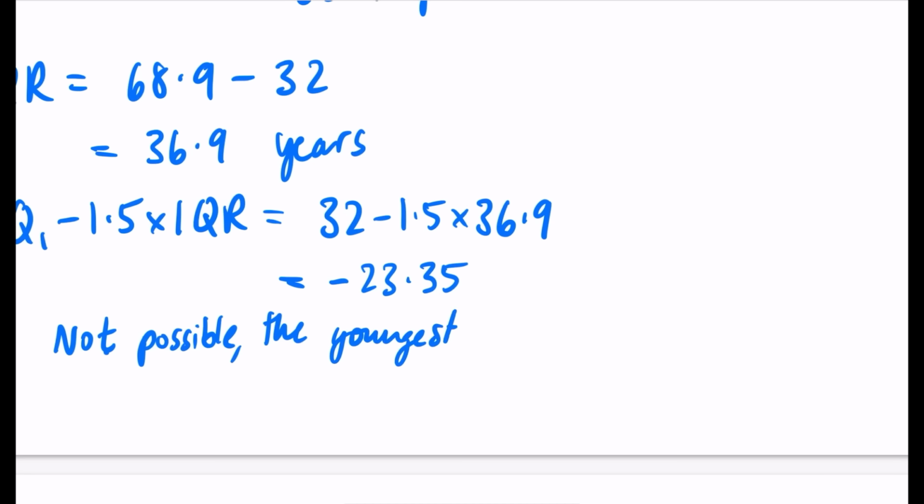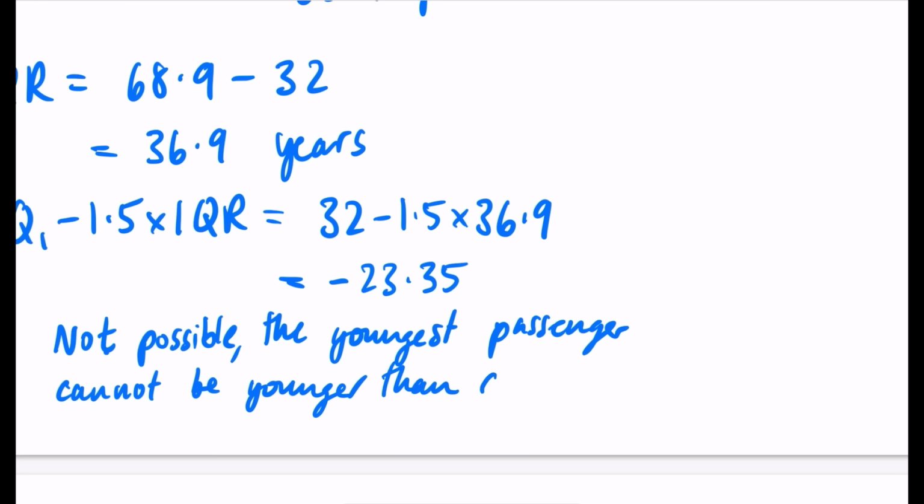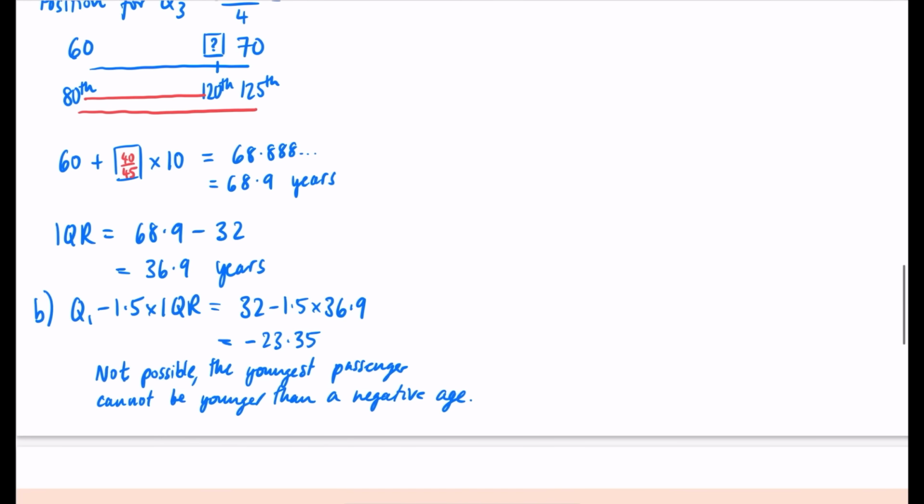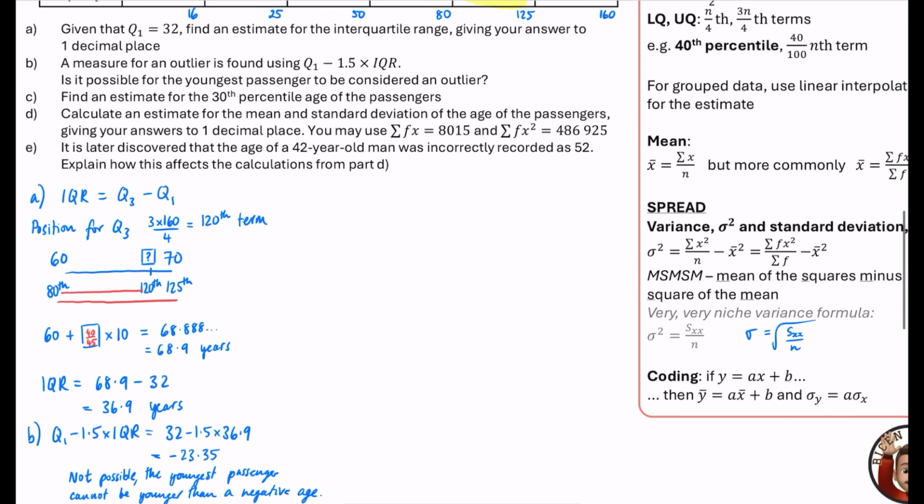The youngest passenger cannot be younger than a negative age. Or you could say something like, if the youngest person is 0, 0 is greater than this, so clearly cannot be an outlier. Now, outliers, in this case, they gave us the measure of an outlier. You'll always be told in the question what the outlier measure is going to be, okay?